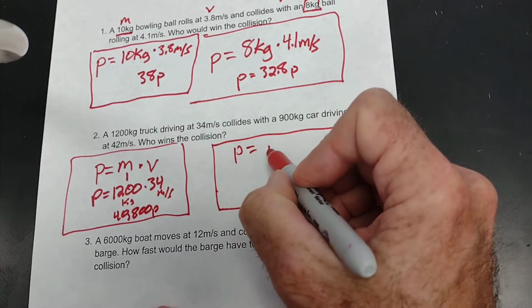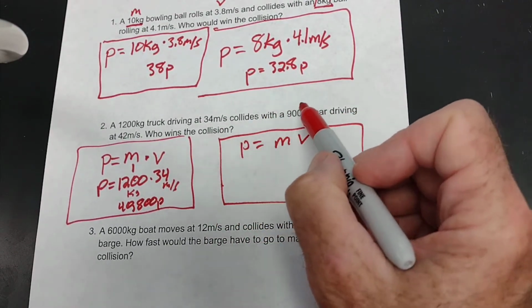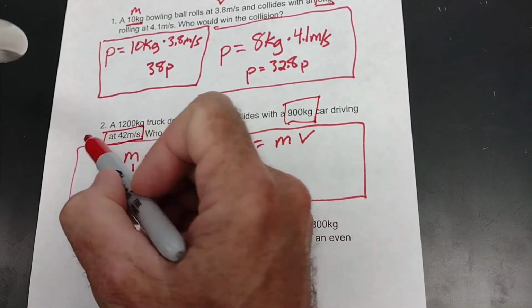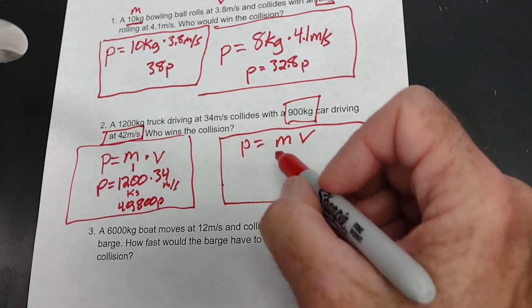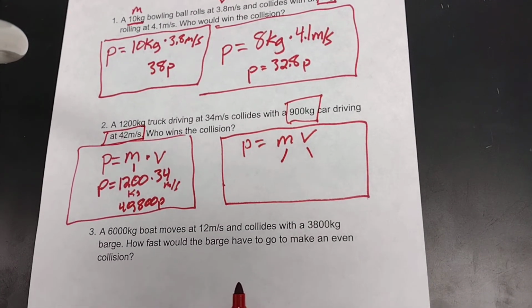All right, let's take a look at this next one. P is equal to mv. The car it collides with is a 900-kilogram car at 42 meters per second. I want you to solve this problem now without any more help from me.